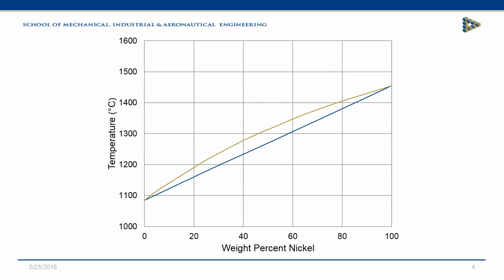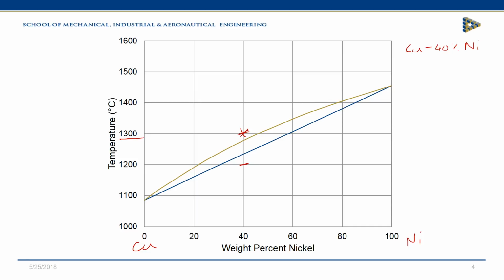So still looking at my copper 40% nickel alloy. I'm still here. What other information can I find out about this alloy? What I would really like to know is, if I'm sitting at 1,300 degrees, at this point, at what temperature does my alloy start to solidify?